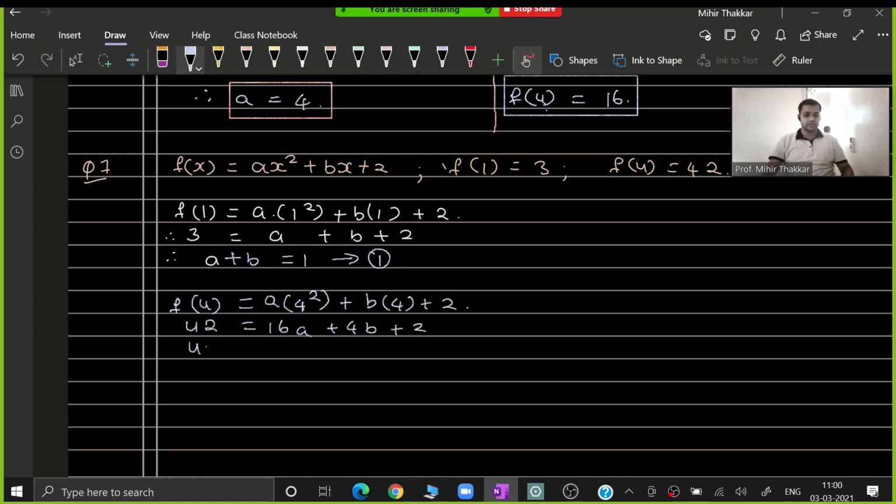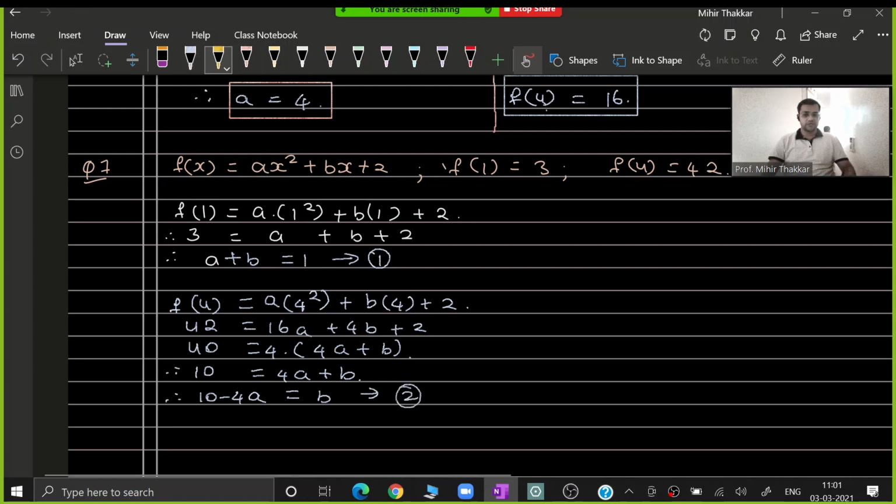Subtract this 2, it becomes 40. I can take out 4 common over here, so it will become 4a plus b. Therefore, 10 is equal to 4a plus b. So from here, I can say that 10 minus 4a is equal to b.